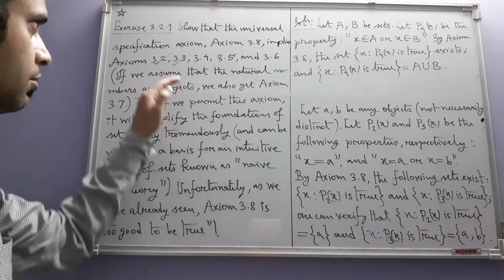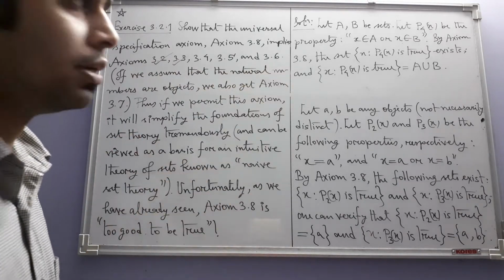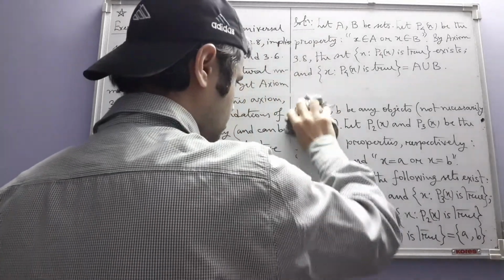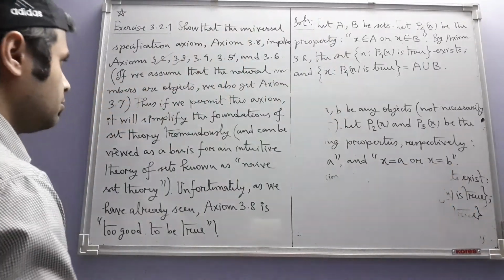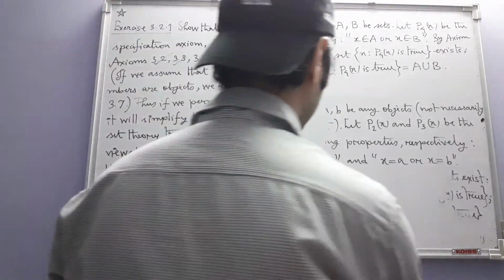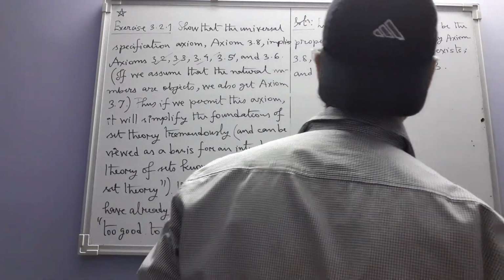The further we go in proving these axioms, the less trivial it will become. So that's how we have obtained now the fourth axiom, also axiom of pairwise union, as a consequence of the axiom of universal specification.